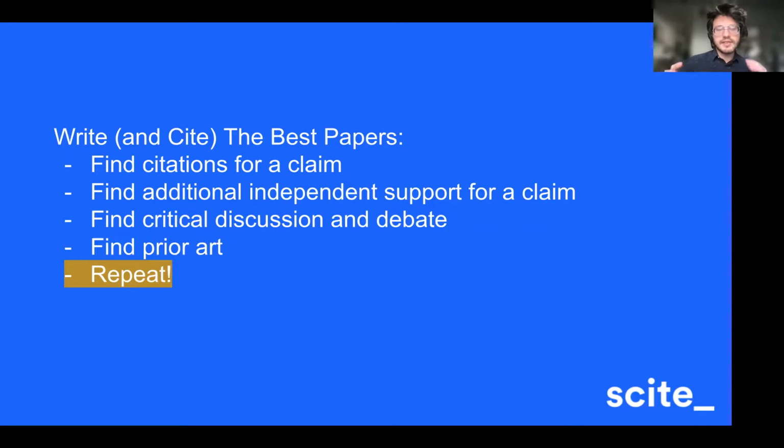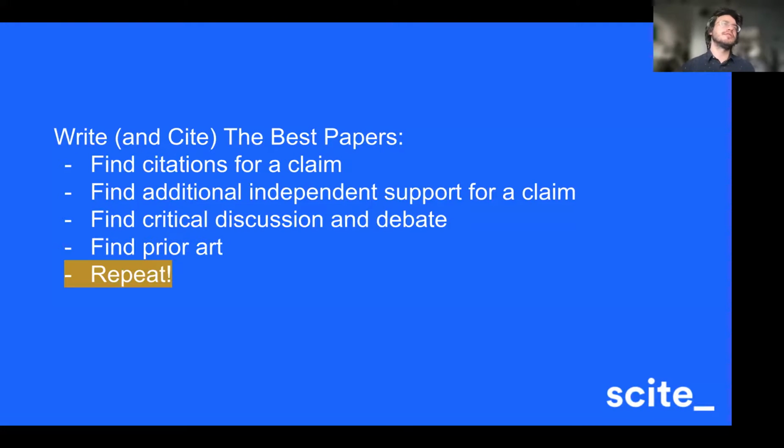So that's those two things: finding well-supported or disputed papers, and writing with Scite. Those two things are really the core reasons why people use Scite, and you can probably see why.